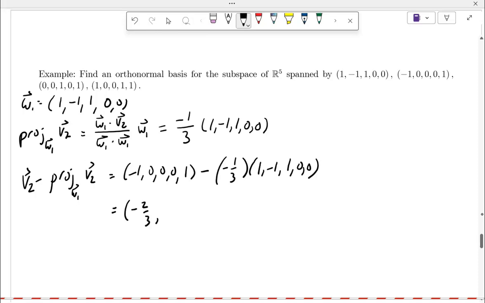Negative 2/3 minus a minus a minus, so you get negative 1/3. Yeah, that's right. Minus 1/3, and then what do we get? A 1/3 times 1 will give me a positive 1/3, and then 0 and 1 when we're done. That's the W2. Good. Yep, that's right.